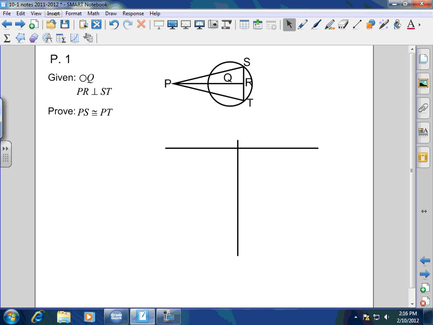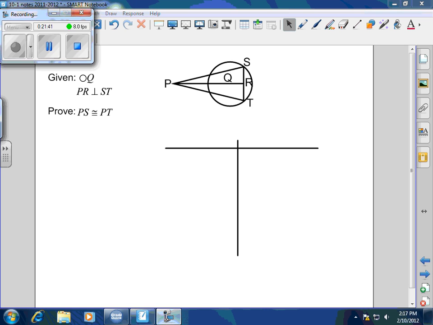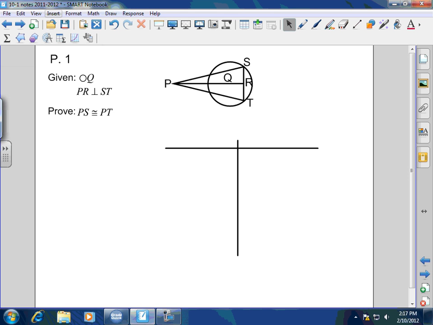Okay, now, problem 1. Given circle Q, they tell you that also PR is perpendicular to ST. Now, I have, like I said, circle Q, and PR is perpendicular to ST. I want to prove that PS is congruent to PT.